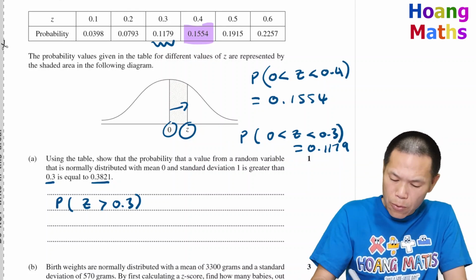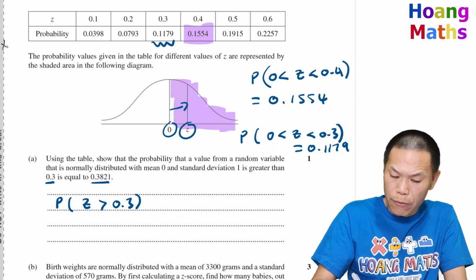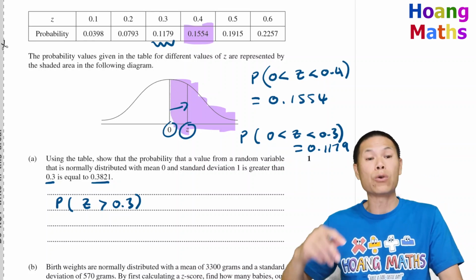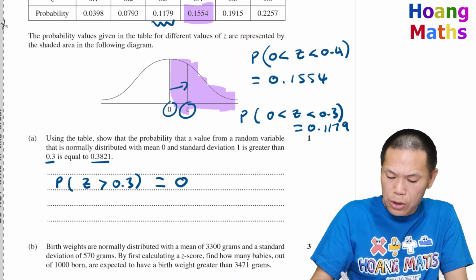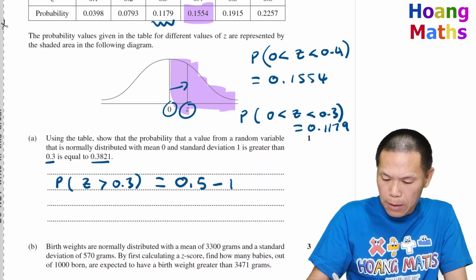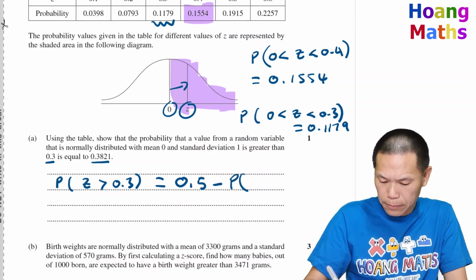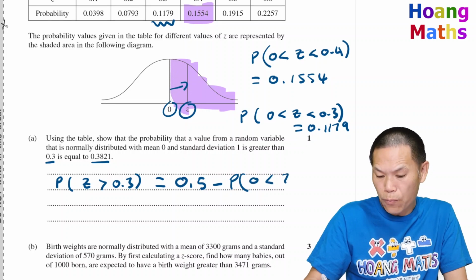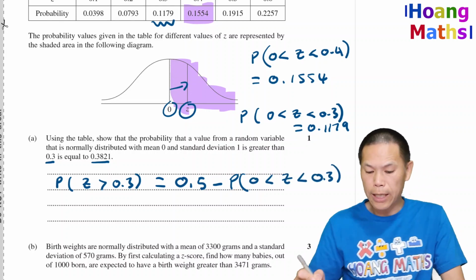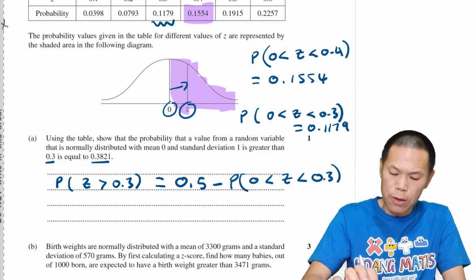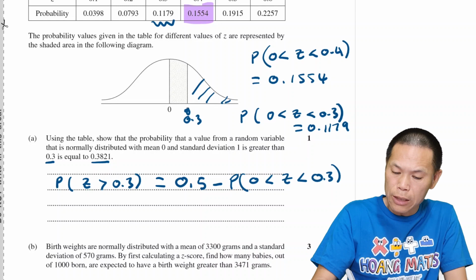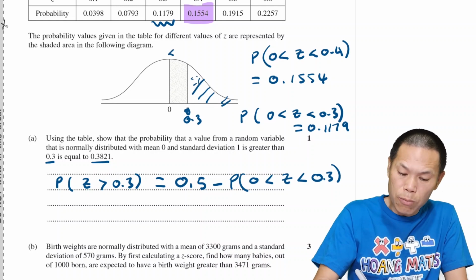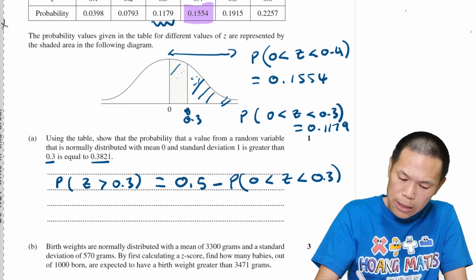We know that this part here is of course 0.5. To work out the probability greater than 0.3, we write 0.5 minus the probability of z between 0 and 0.3. Let's say this is 0.3 and we want to find this probability. 0.5 is the whole lot, and we minus this probability out.